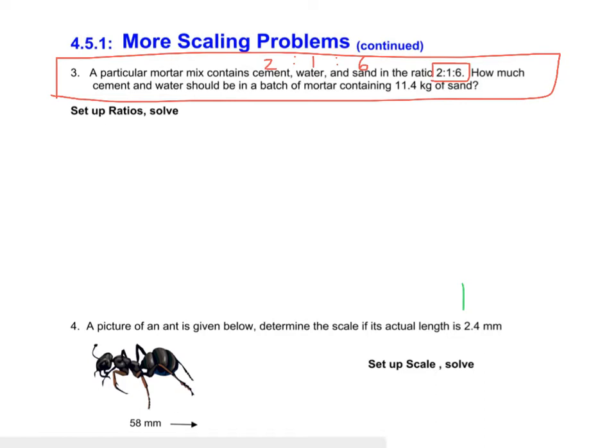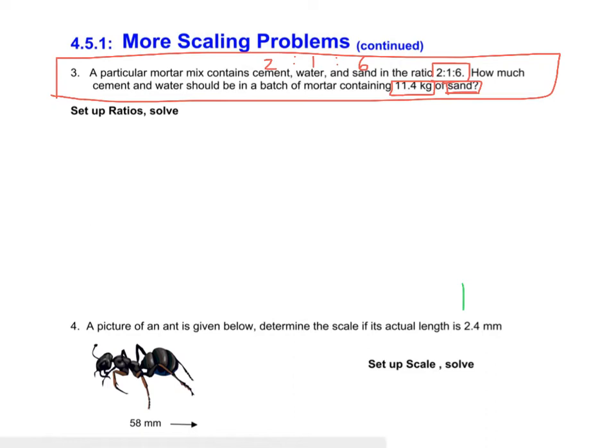So you need 2 parts of the cement, 1 part water, and 6 parts of sand in order to make this mortar. It says how much cement and water should be in a batch of mortar containing 11.4 kilograms of sand. So it's giving you the sand amount and you're trying to figure out how much of the cement and water should go there.